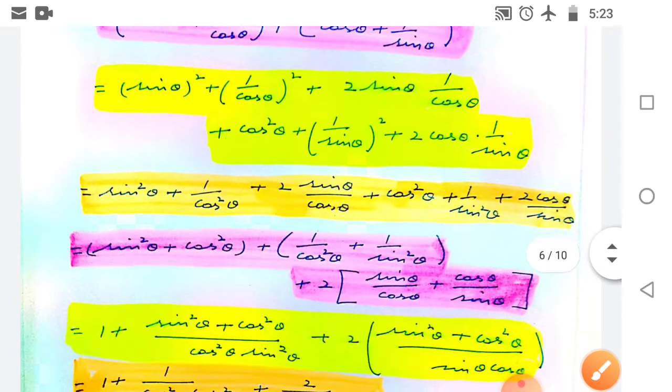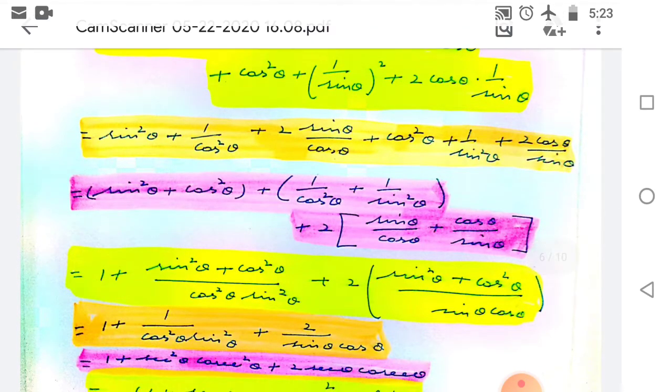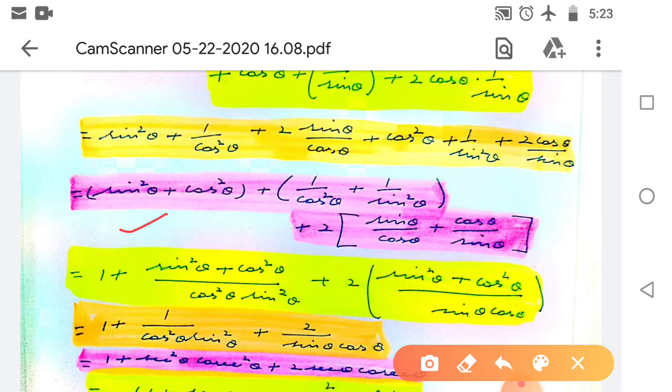Clear? Now, look, this is sin square theta plus cos square theta, because this is cos square, this is sin square, we write separately, no issue about that. Now, 1 upon cos square theta plus 1 upon sin square theta plus 2 into sin theta upon cos theta plus cos theta upon sin theta here. Clear? Now, what is happening?